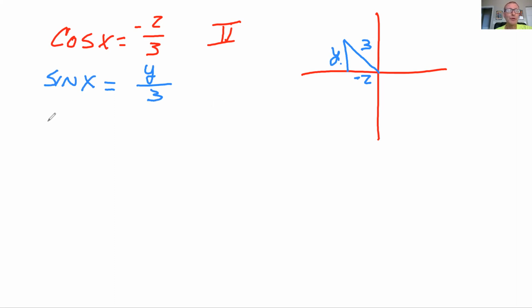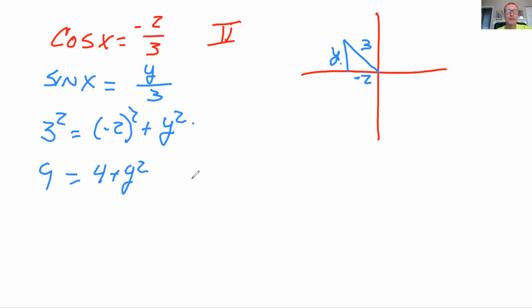And we would end up with 3 squared equals x squared, which is -2 squared, plus y squared. So when we do this, we get 9 equals 4 plus y squared. So y squared equals 5. y equals plus or minus the square root of 5.